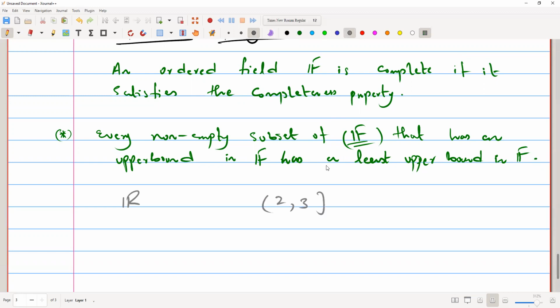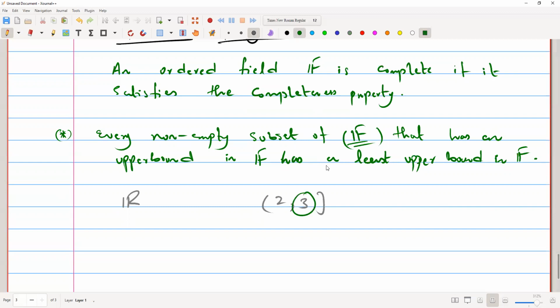We can find the upper bound, that is 3. We'll talk about upper bounds and lower bounds in the next lesson, but for now, it has infinitely many upper bounds, but the least upper bound is 3.